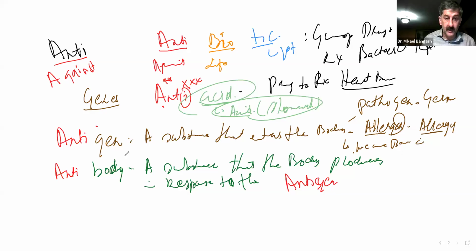An antigen is a substance that you may get exposed to, not necessarily one that enters the body. An antibody is a substance that the body produces in response to the antigen.